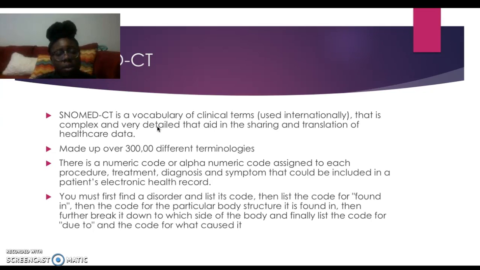So this is the second part of the final exam, and it is on SNOMED CT, which is a vocabulary of clinical terms, and it's complex, and it uses over 300,000 terms. Each term has a numerical or alphanumerical code that's used to assign a procedure, treatment, diagnosis, or symptoms to a patient record.